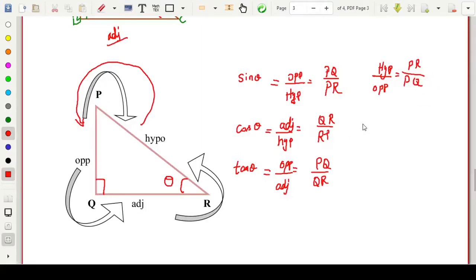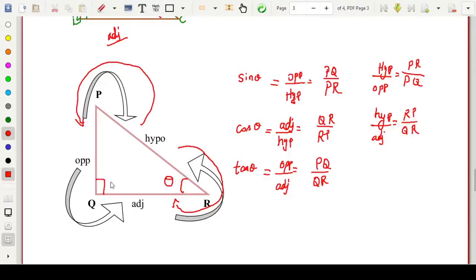Then hypotenuse by adjacent, that is the side RP or PR divided by QR.